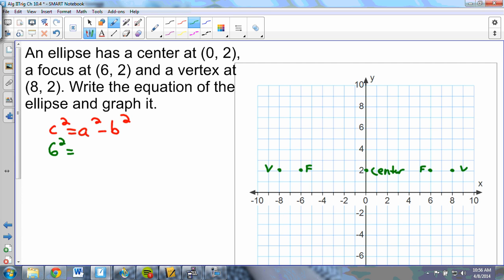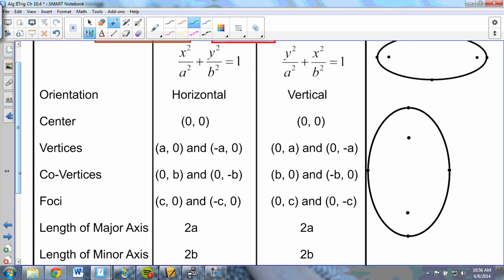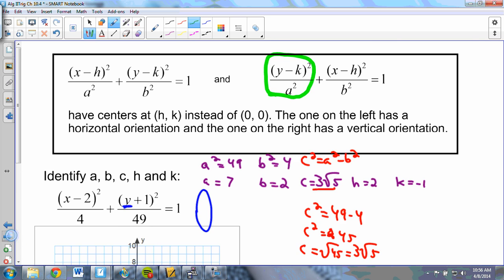Which letter gave us the distance from the center to the vertex? A. A was the distance from the center to the vertex. So my A value is 8.